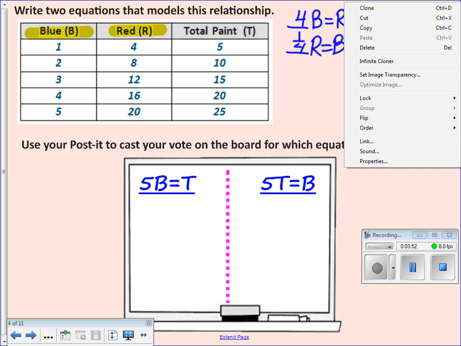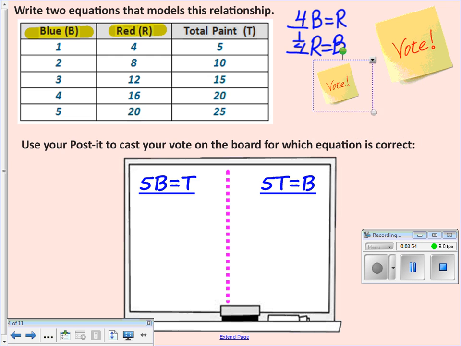If you think the equation for the total to blue is 5T equals B, you put your Post-it in that column. So we'll see where you want to vote. Ready, set, go. All right, it's snowing Post-its. Let's get over it so we have time for more practice.